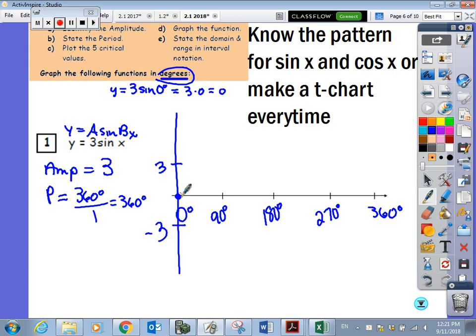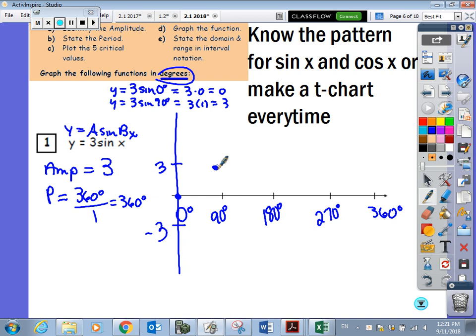Now, if I look at my parent function, I see that after the middle, sine goes high. But if I can't remember that, then I do that again. y equals 3 times sine of 90 degrees. 3 times 1 is 3. So when I plugged in 90, I get 3. Hopefully from this point, you kind of got what's going to happen.